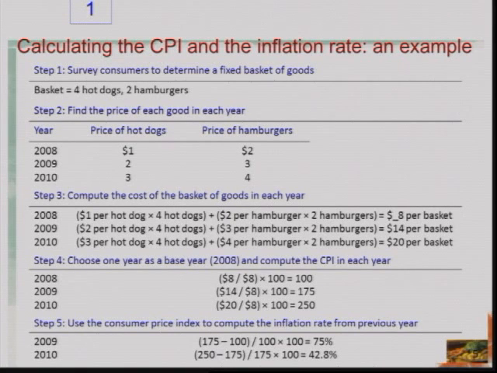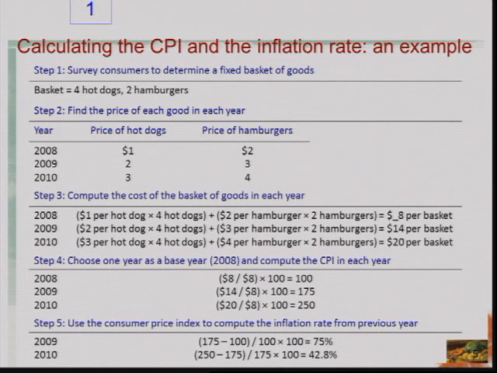So we're talking about 2008, that's this year's basket cost. The 8 goes on top. What goes on bottom? The base year's basket cost. It was given to you that we're going to use 2008, so we're going to use the same number here. 8 divided by 8 times 100 is equal to 100.